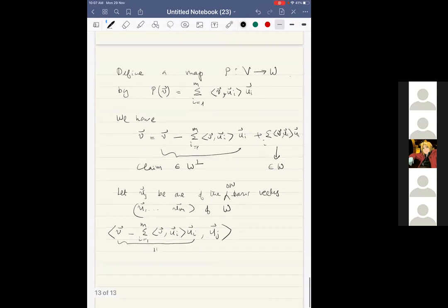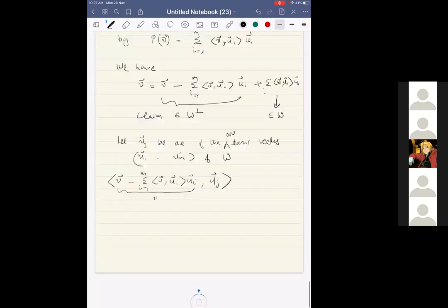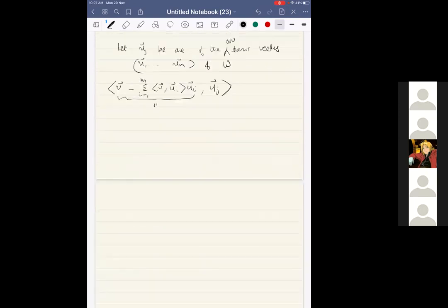Now, by the bilinearity of the inner product, this is equal to (V, uj) minus the sum over i equal to 1 to m of (V, ui)(ui, uj). Remember, these are scalars, so I can pull them out. That's what I have done here.